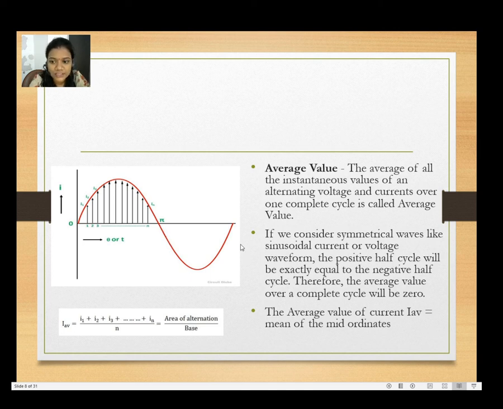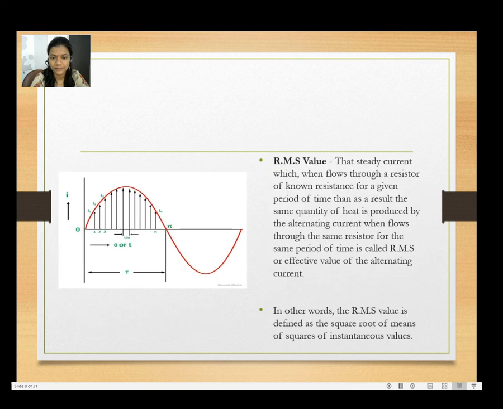If we consider a symmetrical waveform like sinusoidal, the positive half cycle will be exactly the same as the negative half cycle. Therefore, the average value of a complete cycle is 0. The formula for average value is I1 plus I2 up to In divided by N, or area of alternation divided by base. So ideally it is 0 for a complete cycle.